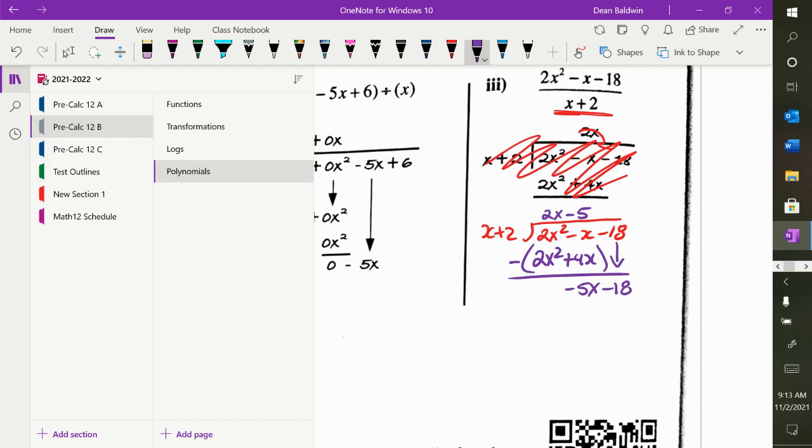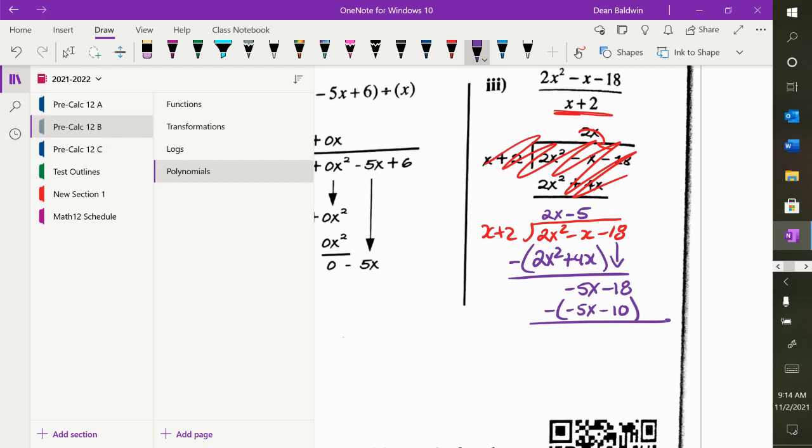And then you do the same thing you did. Negative 5, and you FOIL it into x plus 2. Negative 5 times x is? Negative 5 times 2 is? And then you subtract those. The x's go away.